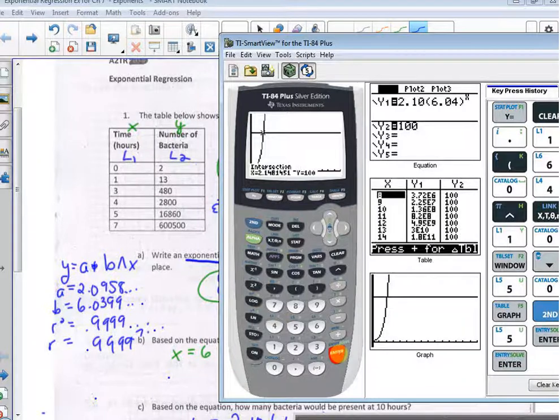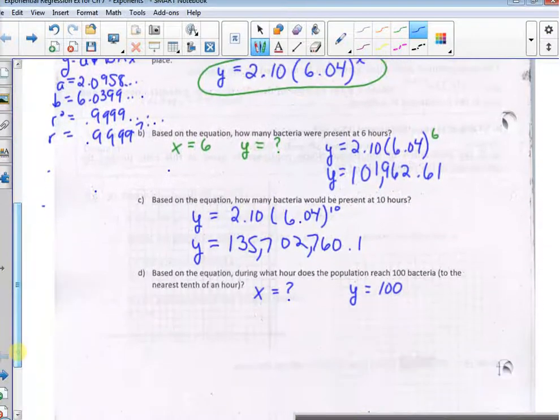So going back here onto our problem, we had 100 equals 2.10 times 6.04 to the x.